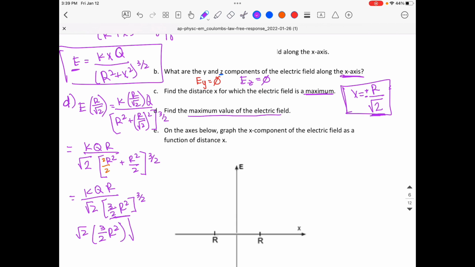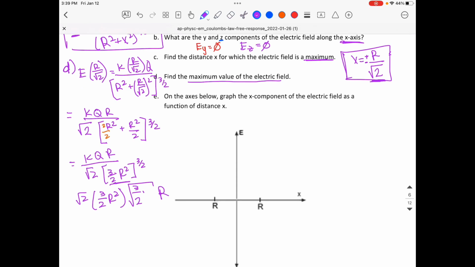And then one more square root would be root 3 over 2, and then the R squared would just end up being R on the outside. So simplifying all of this out, the root 2 can cancel. The R here can turn this into a cubed.